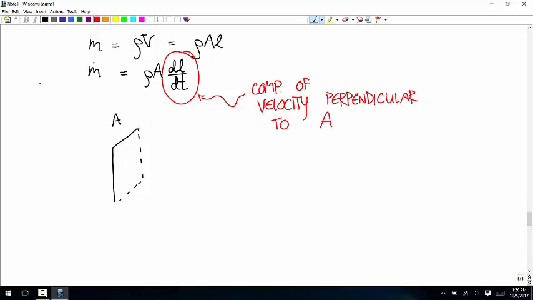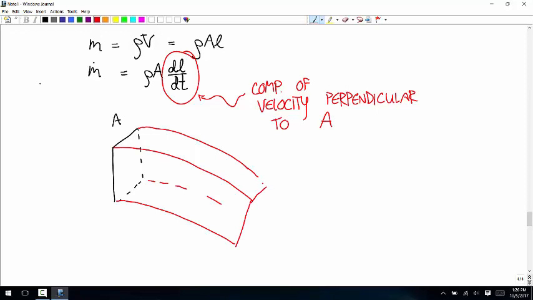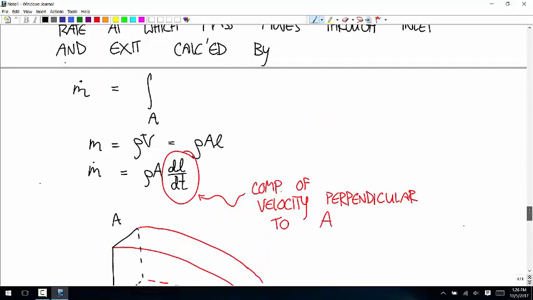We're thinking of this material being extruded through, and so this would be L. So anyways, using this, the rate at which mass goes past this plane is equal to the density of the material times the normal component of the velocity.